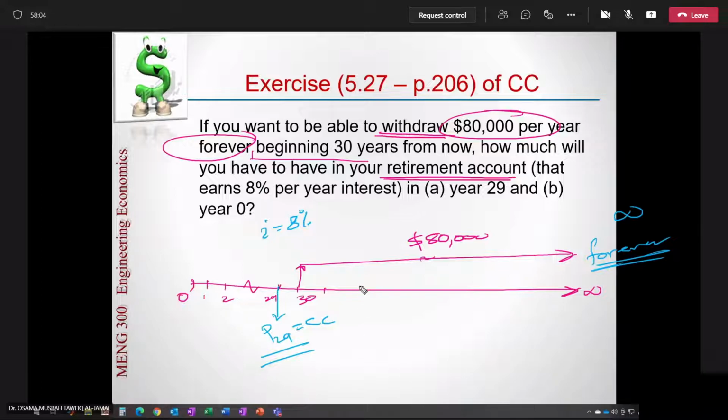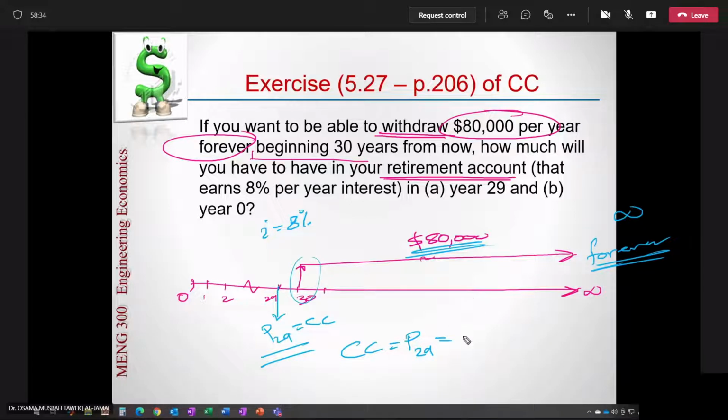This is a very simple problem, by the way. It's to find the capitalized cost, which is at year 29, one to the left of the first annuity. It's constant over the periods, for how long? Infinity. You can write the standard notation if you want, but it will not be asked from you.